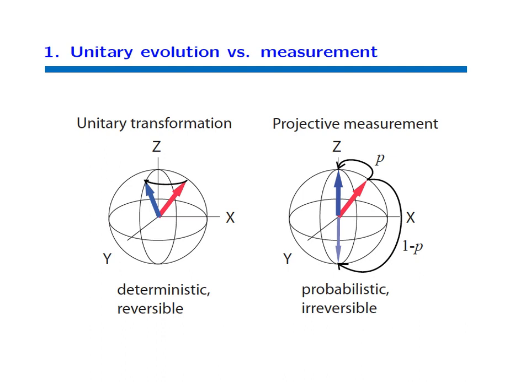So let's begin with the unitary kind. Unitary evolution is deterministic and reversible. So if I have my quantum state fixed at the beginning of time, say at time 0, and I know what my Hamiltonian is, for any later time I will know exactly what state I am dealing with.